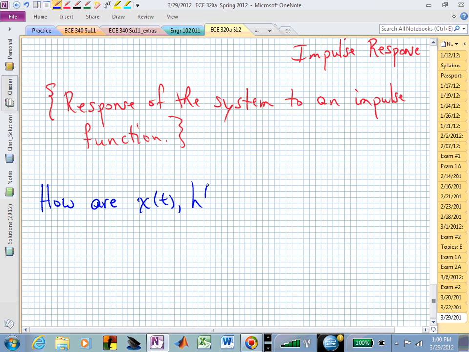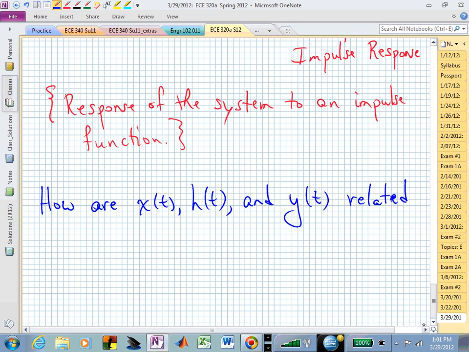How are these time domain quantities, x of t, h of t, related? Or how can we use those to find the output response as a function of time? So how are x of t, h of t, and y of t related in the domain that they are working in, which is the time domain?